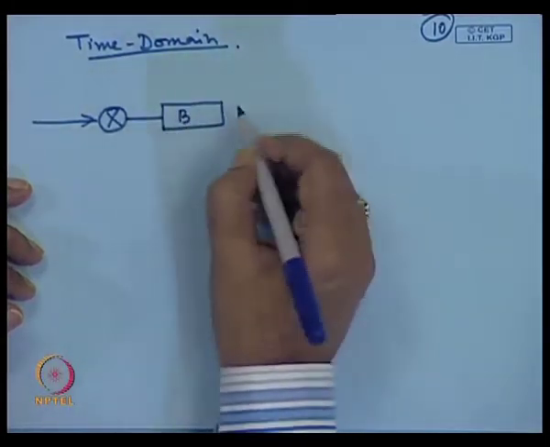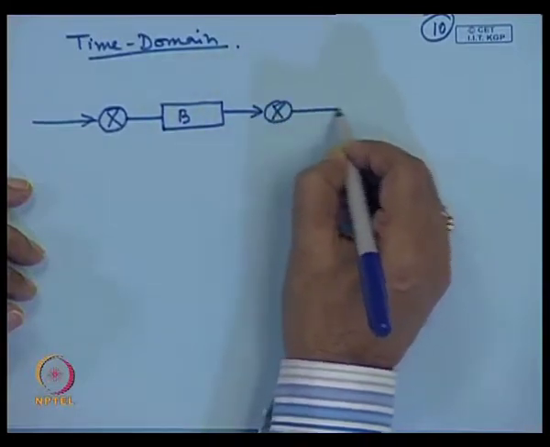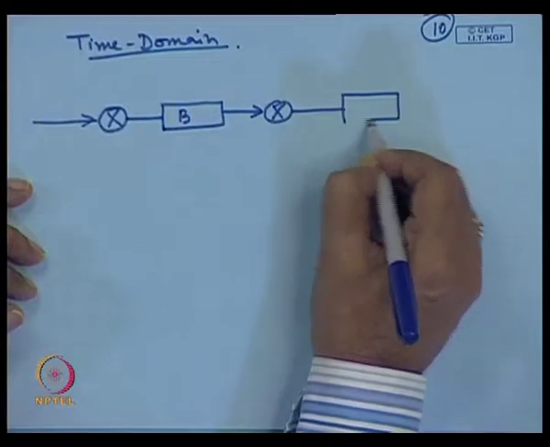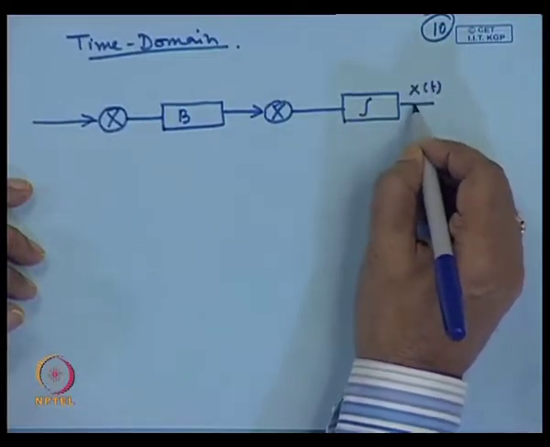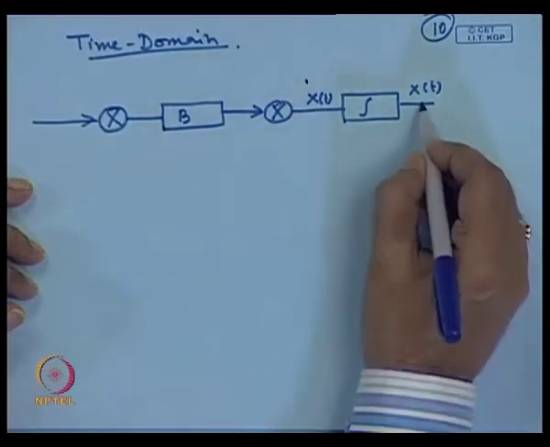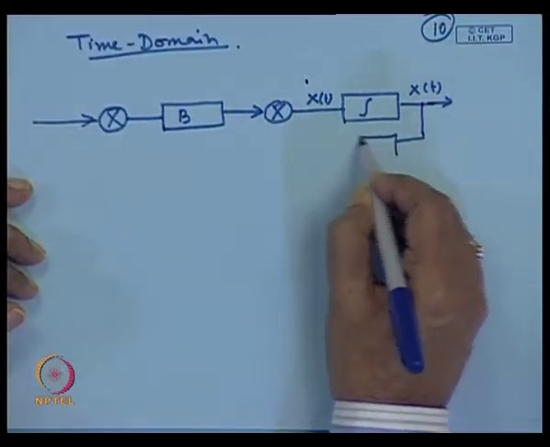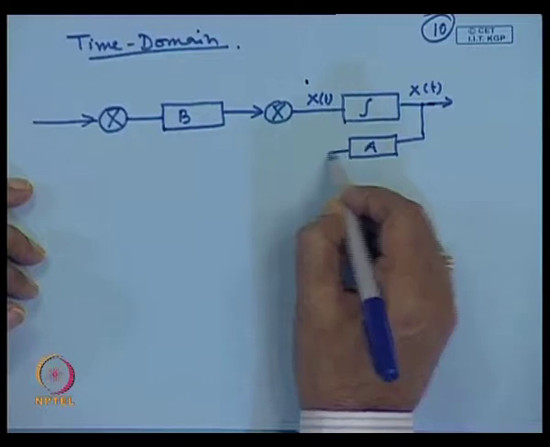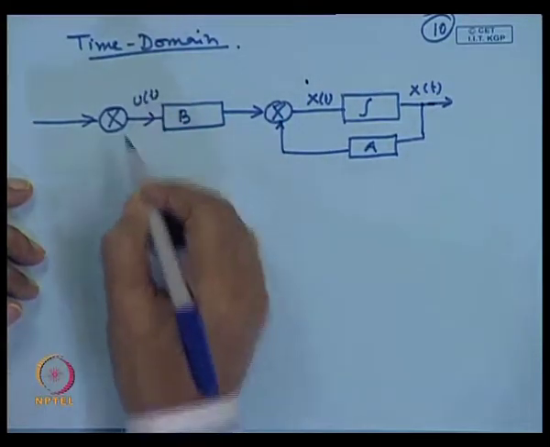So, B, then the integrator whose output is x of t, with input x dot of t, then A, then this is your u of t.